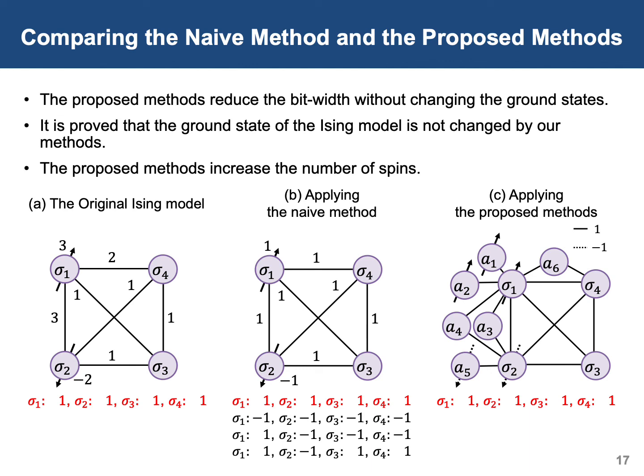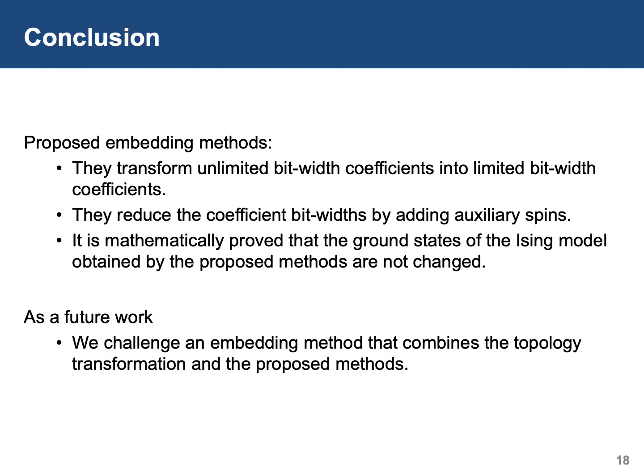The figure on the right shows the Ising model and its ground state, where the bit width is reduced by 1 bit using the proposed methods. The ground state is the same as the one on the left. It is great.